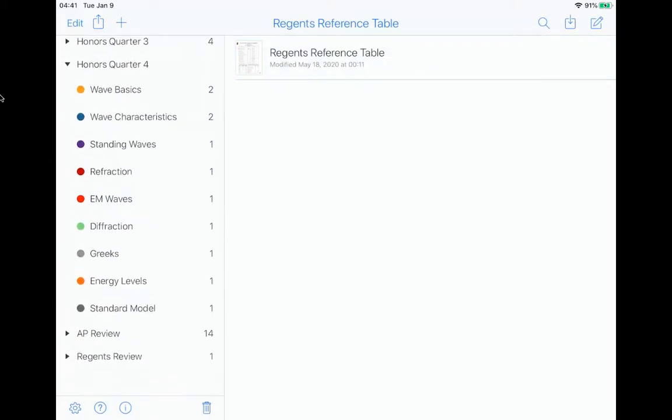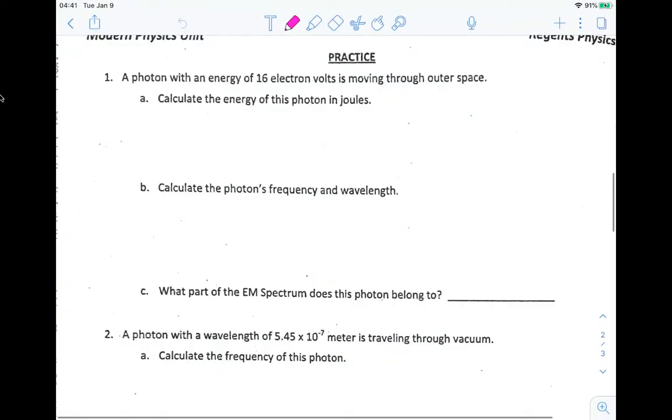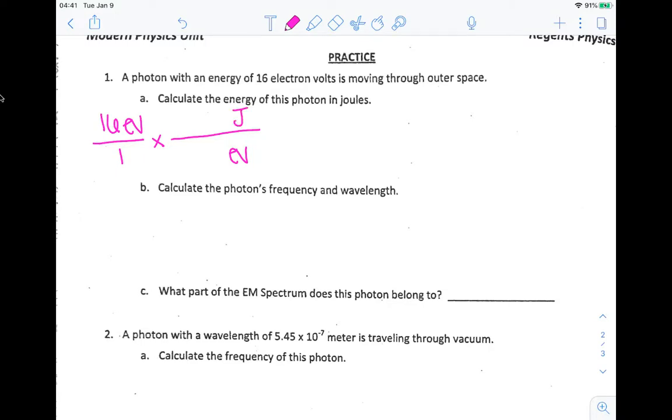So, in order to solve this, we start with what we were given, 16 electron volts, and we put that over 1. We want to get rid of electron volts, so electron volts goes on the bottom, and we want to end up with joules. All you do is literally copy exactly what you see from your reference table. So 1.6 times 10 to the negative 19 joules is equal to 1 electron volt.